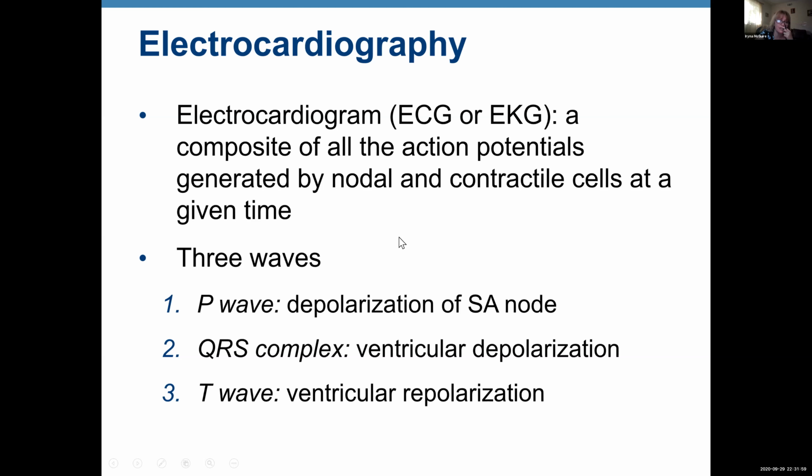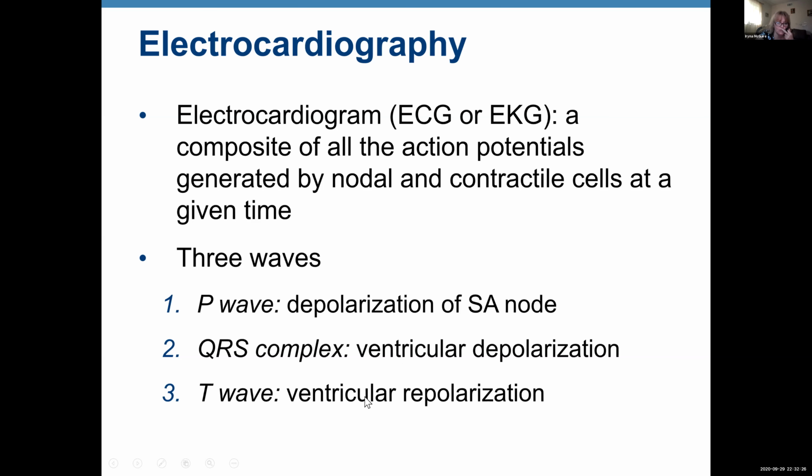Now you will see three major waves on an electrocardiogram: P wave, QRS complex, and T wave. So P wave represents depolarization of the SA node, QRS complex represents depolarization of the ventricles, and T wave represents repolarization of the ventricles.